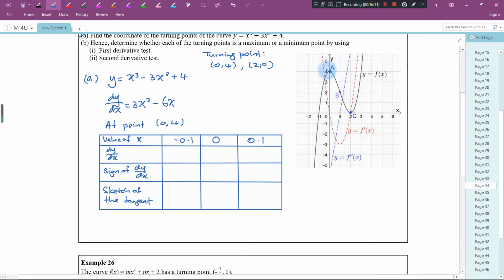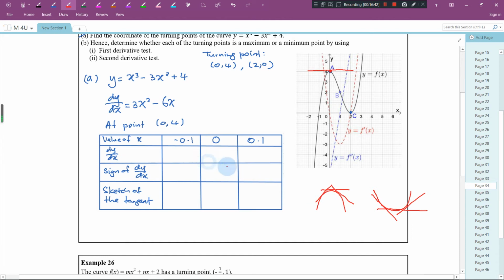Let me explain this way for you. This is a turning point, right? We are testing this turning point. At this point, the gradient is 0. So we want to know whether this turning point is this type, which means positive, 0, negative, or negative, 0, positive.